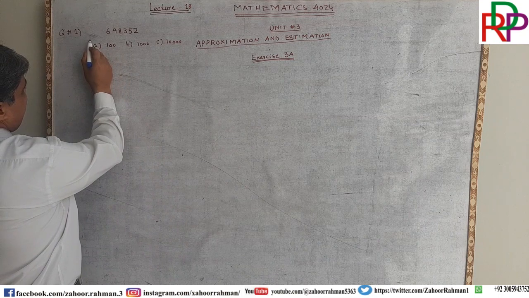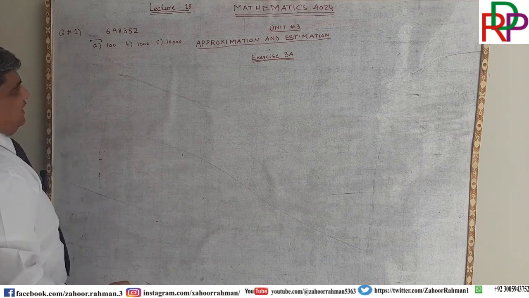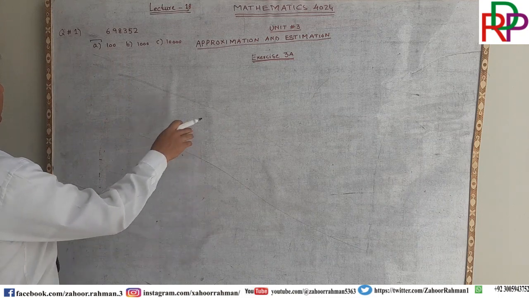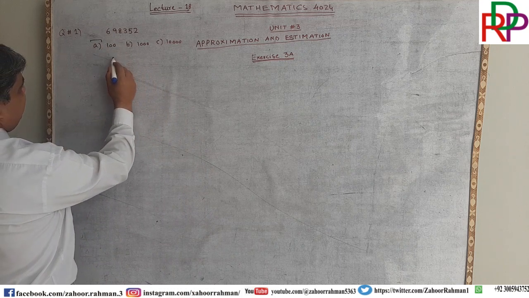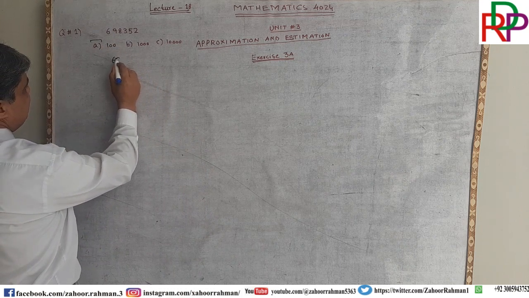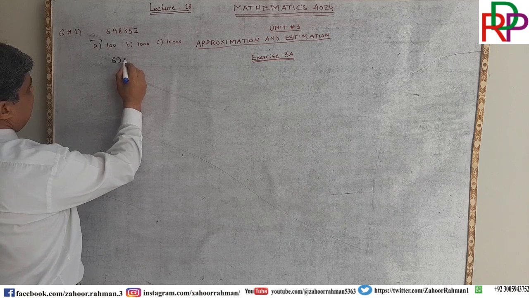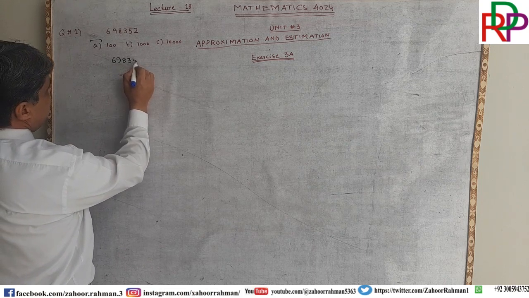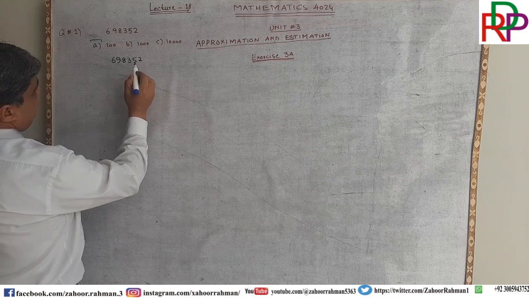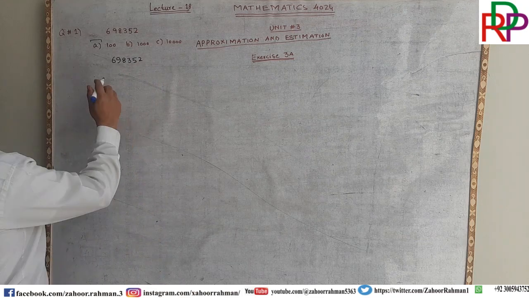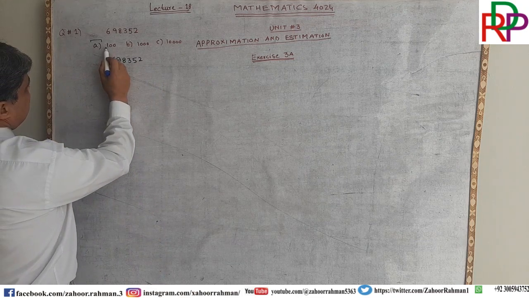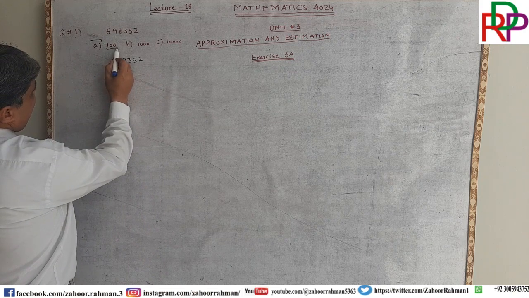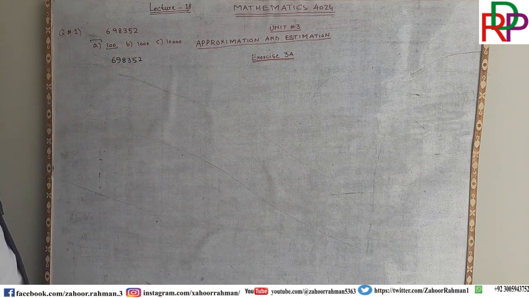We are doing part A. For this, we have to write the number which is given in the question, 698352. Now they want us to round it off to the nearest 100.